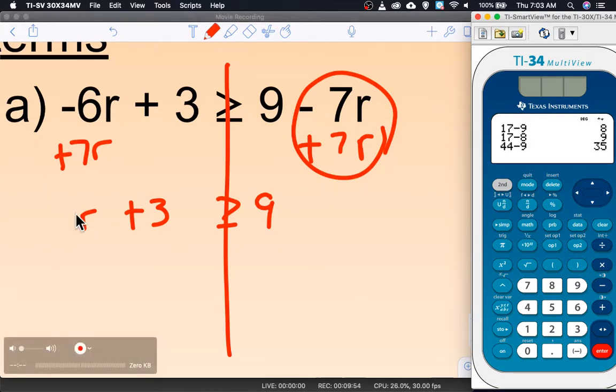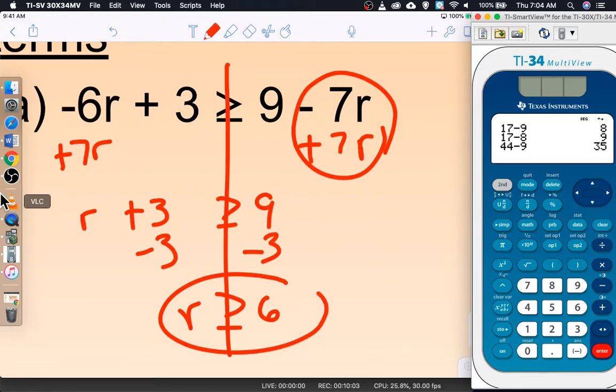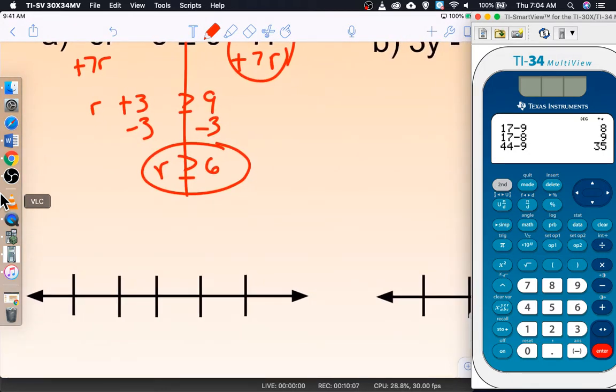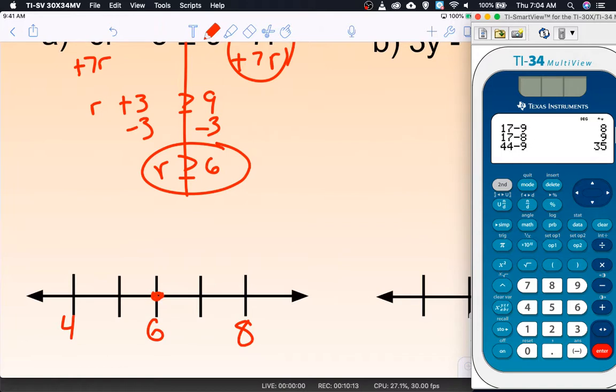We just don't have to write the 1. That 1 is a ghost 1. So we solve by subtracting 3 on both sides, and r is greater than or equal to 6. Solid dot at 6, shaded to the right, greater than right.